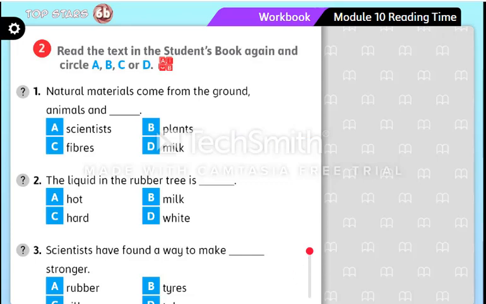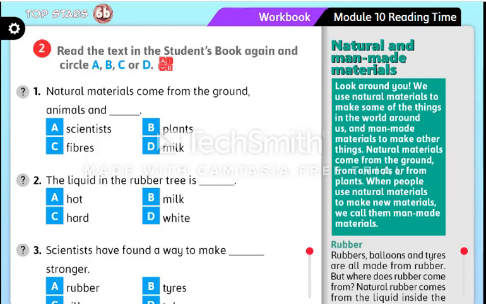Read the text in the student's book again and circle A, B, C, or D. Natural materials come from the ground, animals, and what is the correct answer? Of course, plants. That's good. You can find the answer here. Number 2, the liquid in the rubber tree is white.